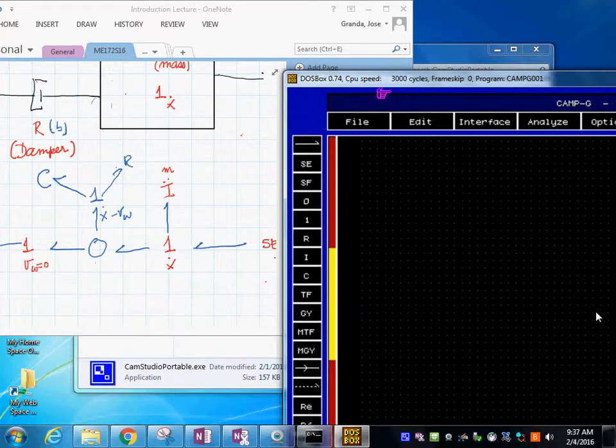So let's just go ahead and do this drawing. As soon as I find the mouse, it would be nice. Okay, there we go.